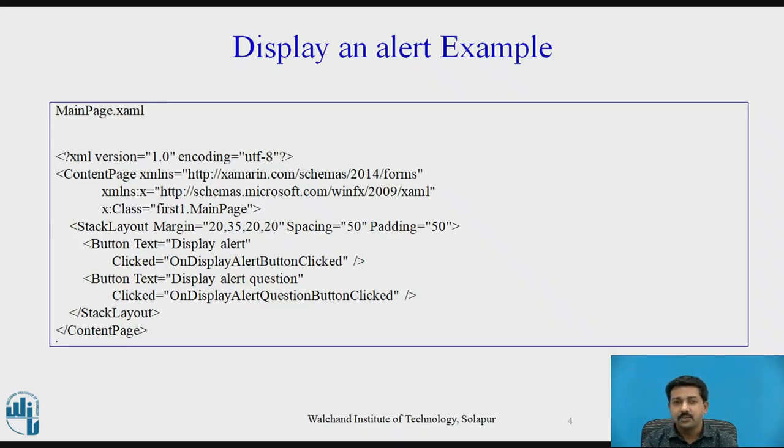As we have discussed, two different files are very important: mainpage.xaml and mainpage.xaml.cs. Our design code is available in the .xaml file. The XAML file has two important features.